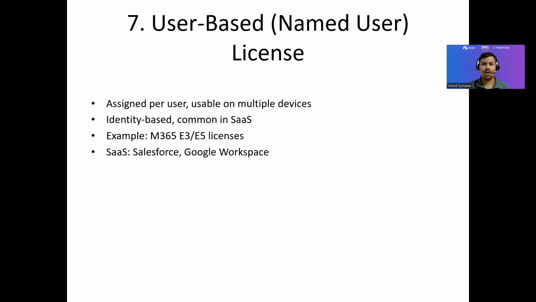Many SaaS platforms are providing this capability, for example Microsoft 365 E3, E5, and in SaaS, Salesforce, Google Workspace, and many others like Slack as well, right? So they do provide all of that licensing capability, and it's available across. This comes under the modern licensing capabilities in SaaS.